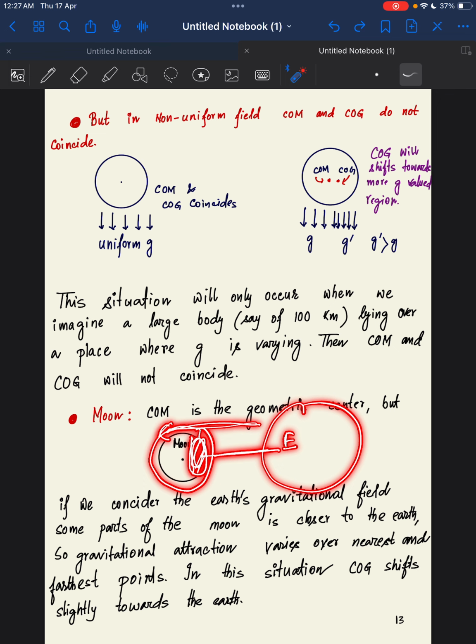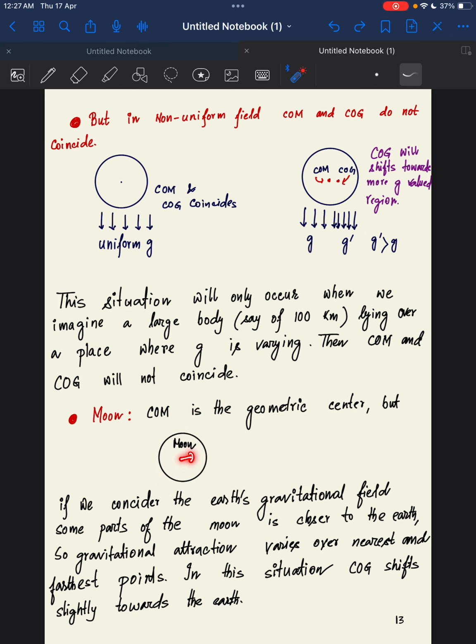This part will be pulled with lesser force. So this part will be comparatively heavier than this part. So your center of gravity will shift from the center towards this point. So this is also a situation where the center of gravity shifts slightly towards the earth. So these are some examples where your center of mass and center of gravity will not coincide.